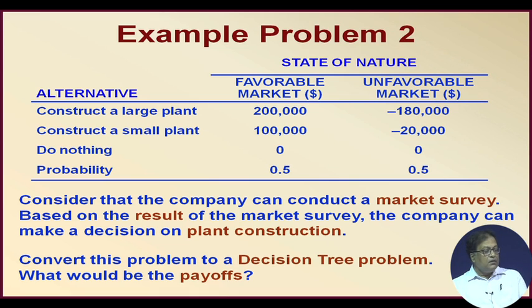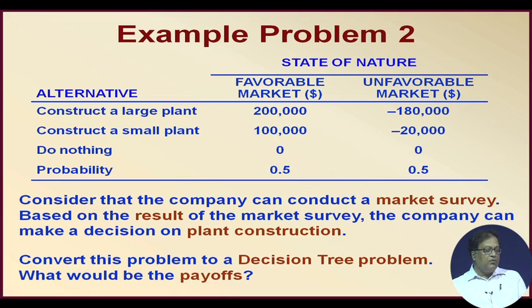But suppose there is an additional option. Consider that the company now can conduct a market survey. Based on the result of the market survey, the company can then make a decision on plant construction.